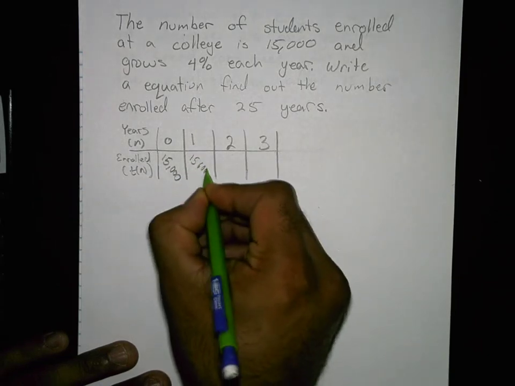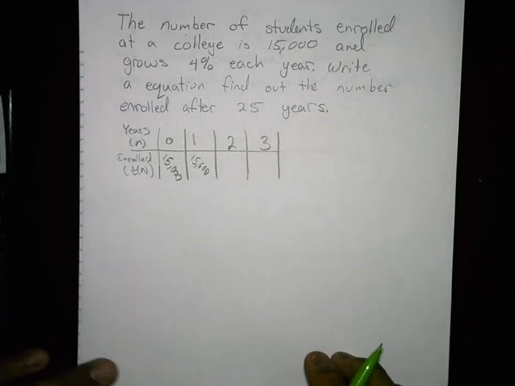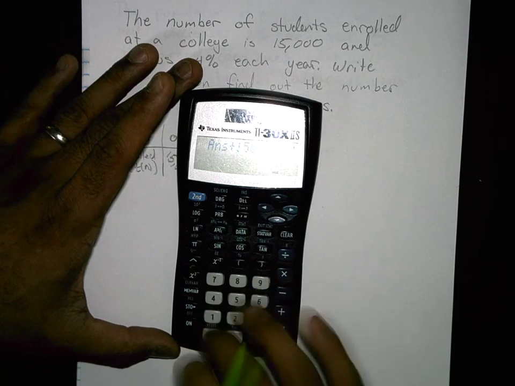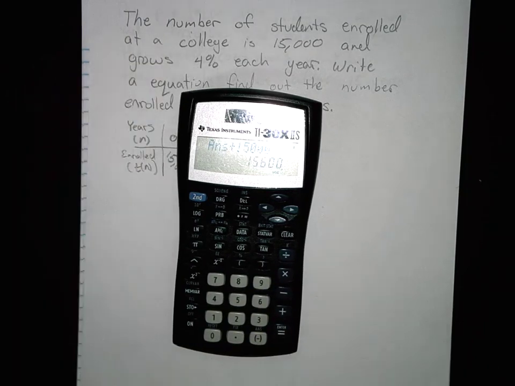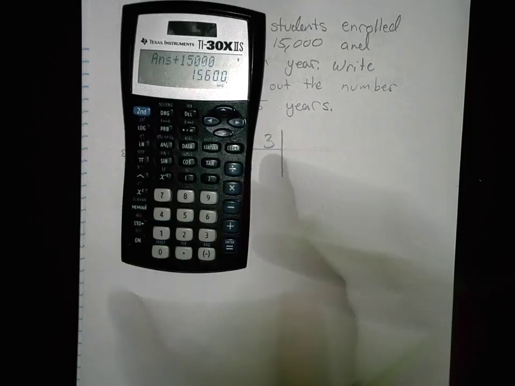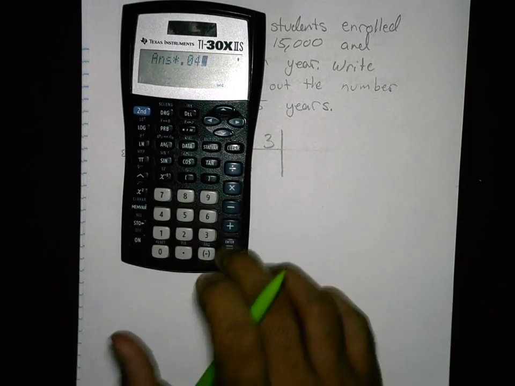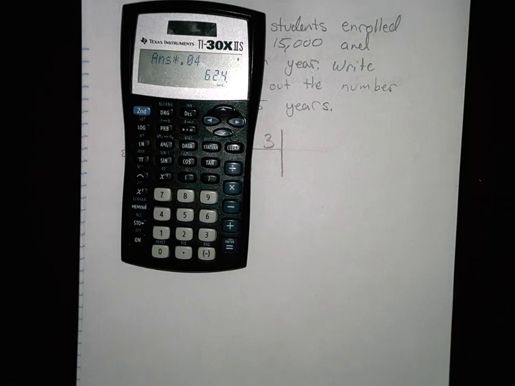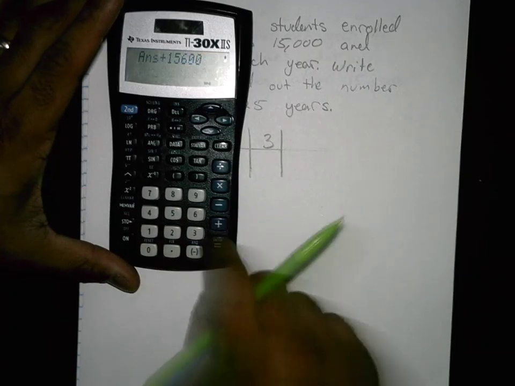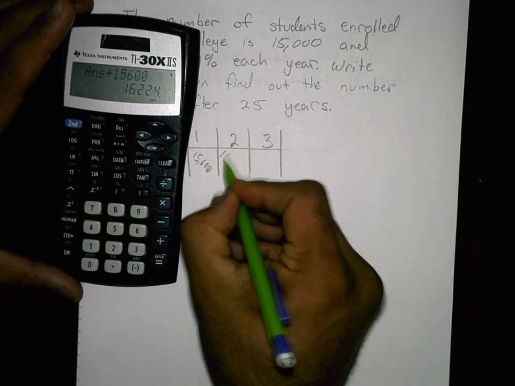So it's 15,600 after a year, and then I add that to my 15,000, sorry, not 1,500, 15,000. And then if I want to figure out the next year, I'll multiply that by 0.04 again, and then increase by 624, plus that previous year, which is 15,600, and that's what we have after 2 years.